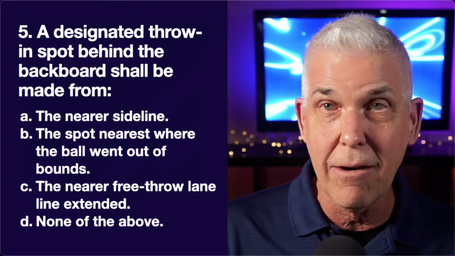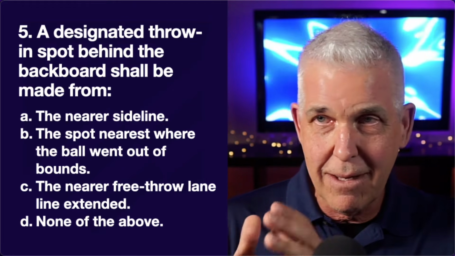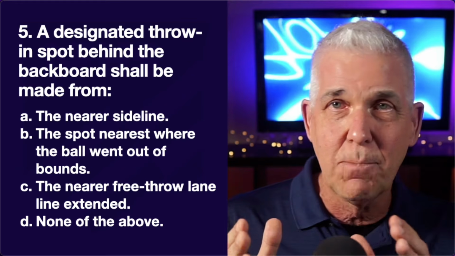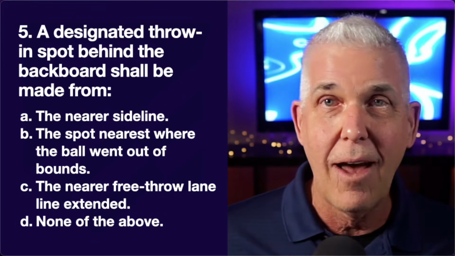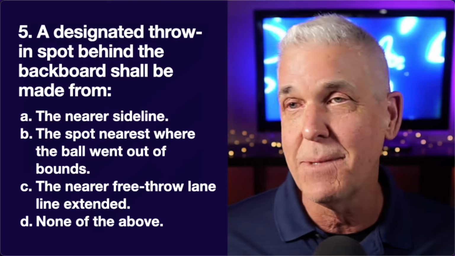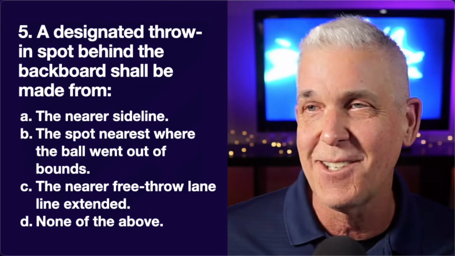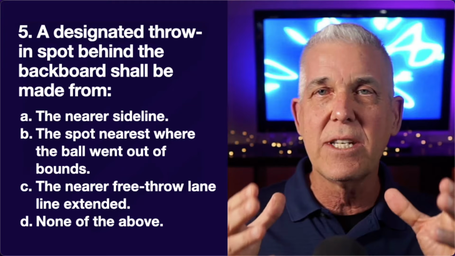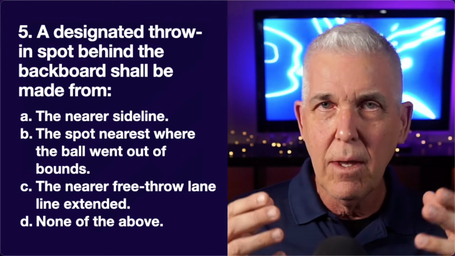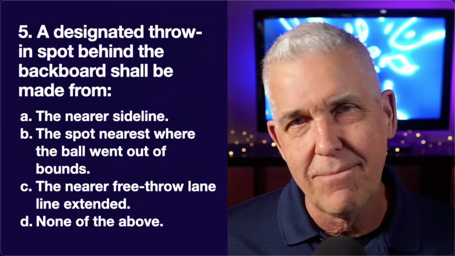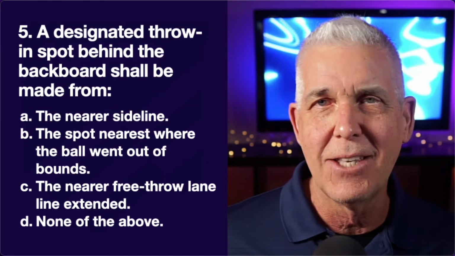So my answer here, because C is very close, but not quite accurate, my answer would be D. And I could be at risk of making a mistake here in terms of the test question, but that's my thinking. Obviously, we don't want players inbounding the ball under the basket. I'm going to go with C. That's the spirit and intent of the answer.